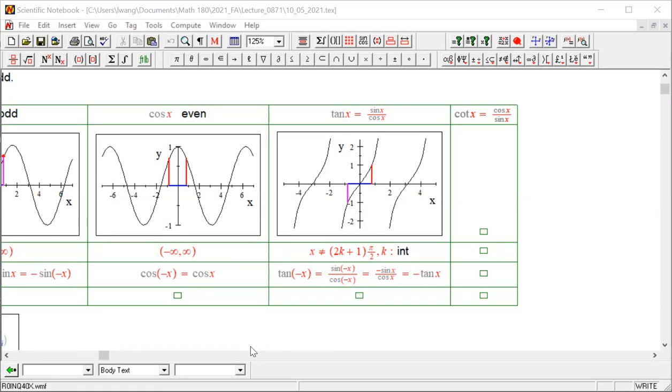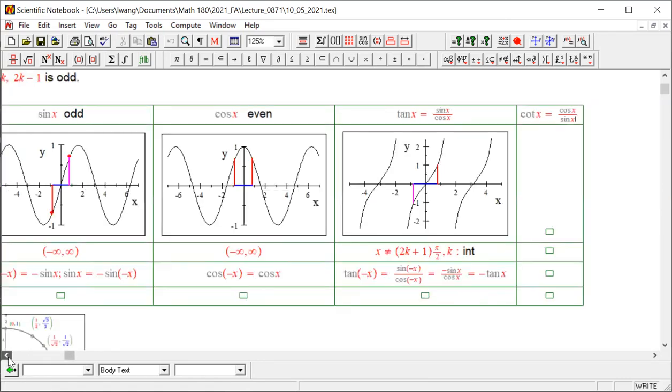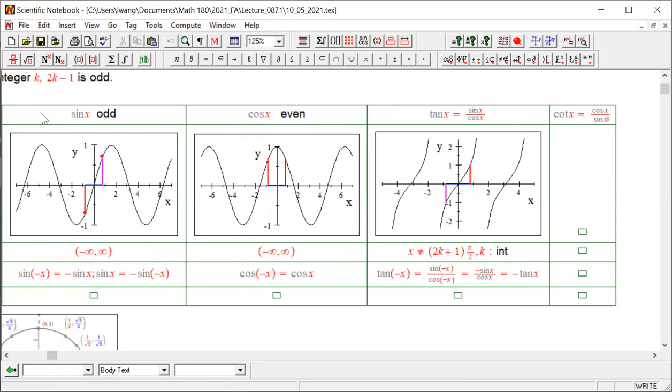So how about for cotangent? Secant, cosecant. I'm going to give you some hint.